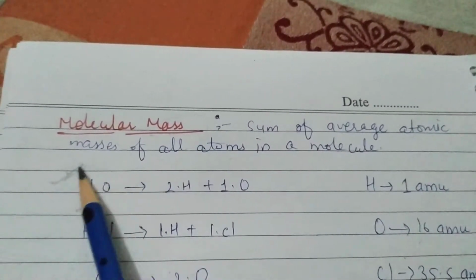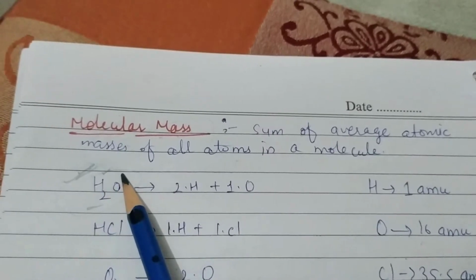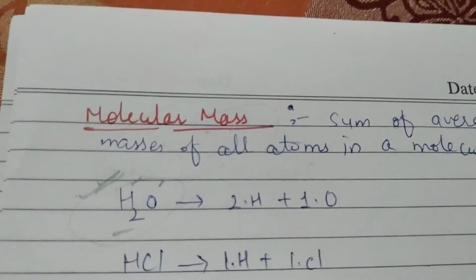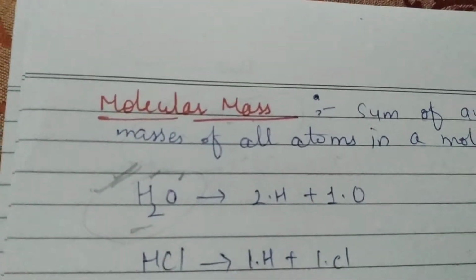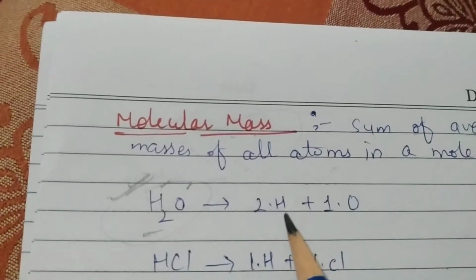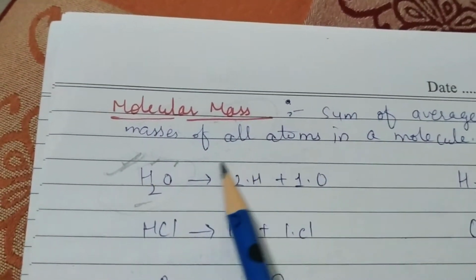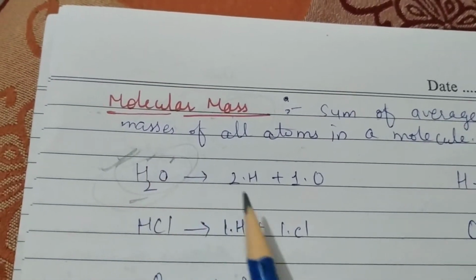Water is here, right? Water is made up of two elements, hydrogen and oxygen. If we talk about the mass of hydrogen, we have to find out the molecular mass of this H2O.